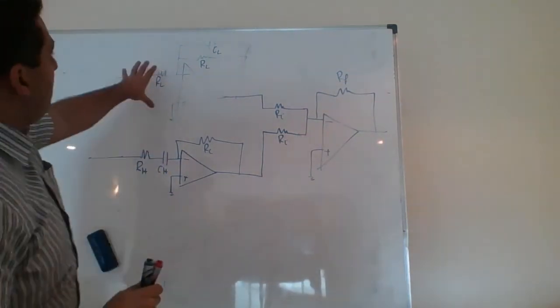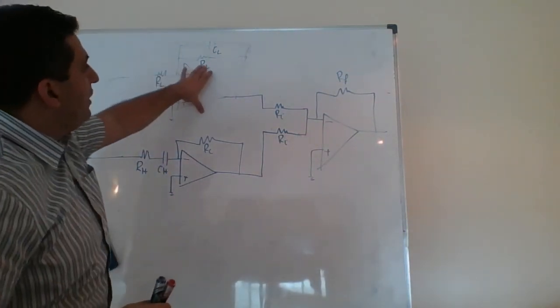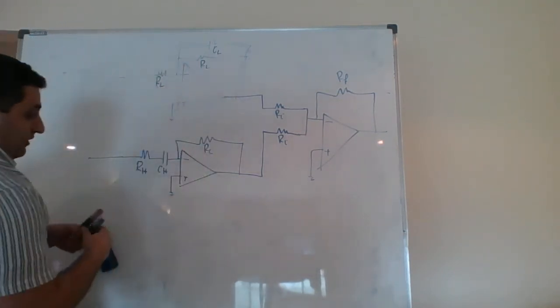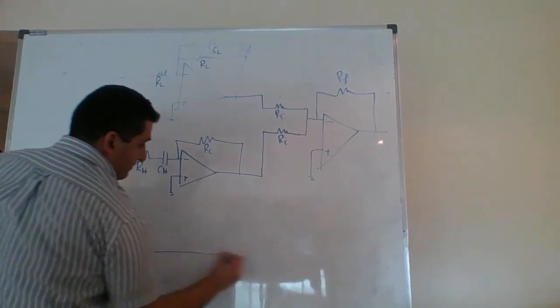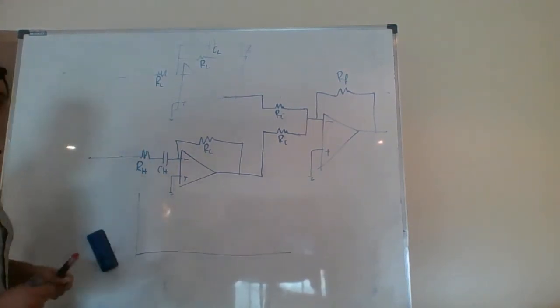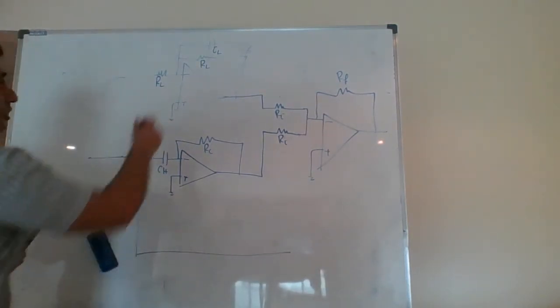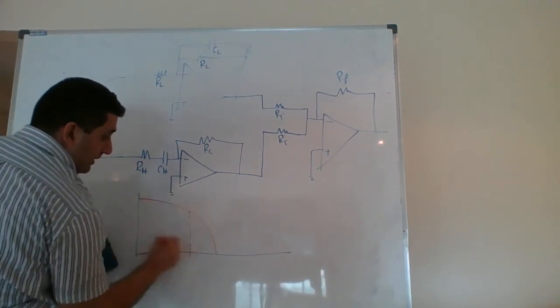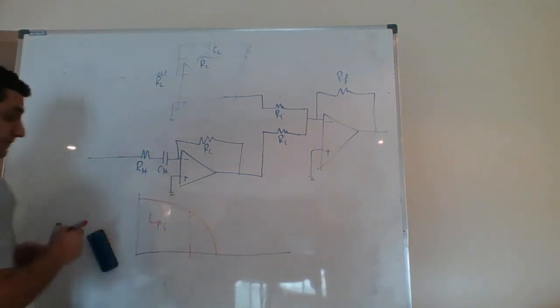So what will happen now is, see the top one. If I draw my circuit, the top one will allow this to pass. So this is my low pass filter.